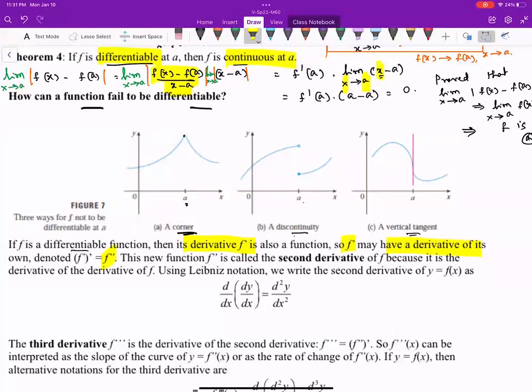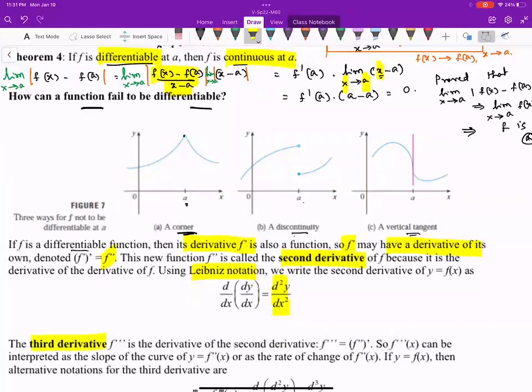This new function f double prime is called the second derivative of f because it's the derivative of the derivative function. Using Leibniz notation, d by dx of dy by dx, which means the derivative of the first derivative, is the second derivative, which we write as d squared y over dx squared.